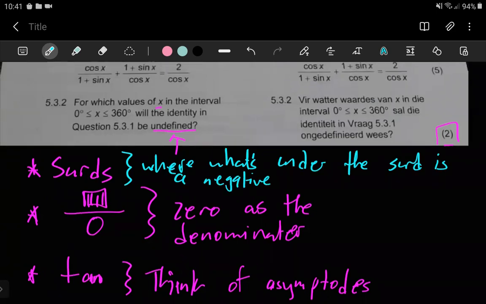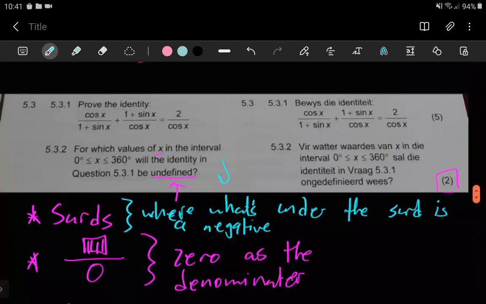So if you had, let's say, a square root, and then they ask you where this expression is undefined, this expression will be undefined where the cos x minus 1 is smaller than 0.